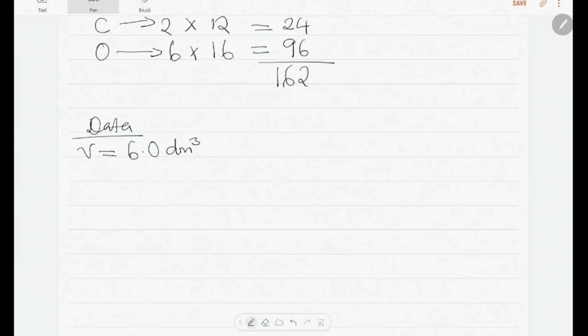Avogadro's law states that the volume of a gas is directly proportional to the number of moles of the gas molecules present if the pressure and the temperature are constant. And therefore, we use the formula: number of moles is equal to volume over molar volume.